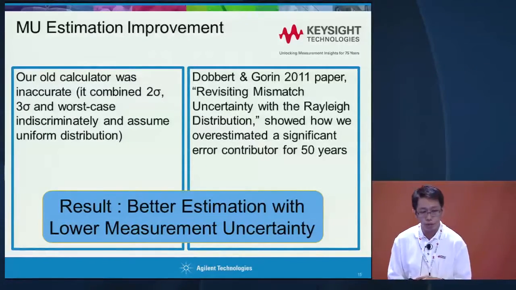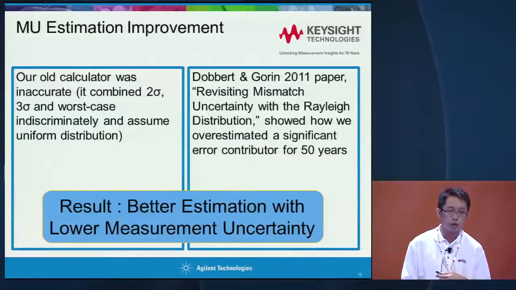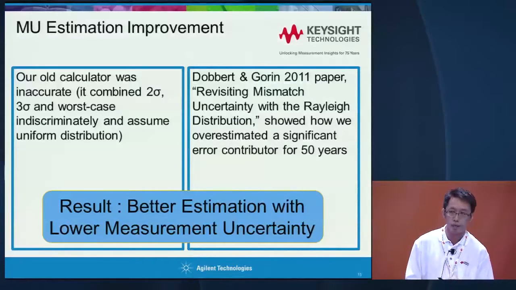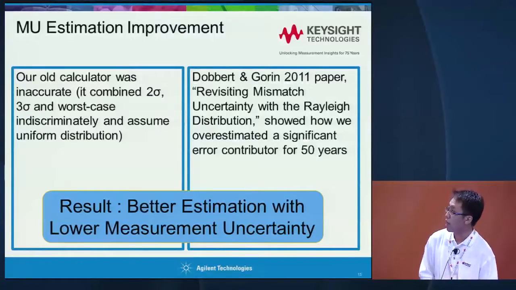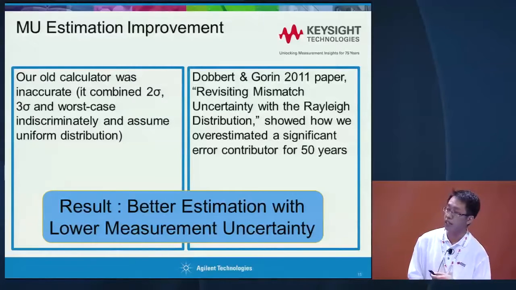As a result, we overestimated our uncertainties by using 3 sigma worst-case values and assuming them as 2 sigma values. At the same time, we did not properly model our distributions and assumed that everything is flat. Our measurement experts revisited the uncertainty calculator and redid it following GUM methods using the correct distributions. As a result, we were able to get better estimations with lower measurement uncertainties.